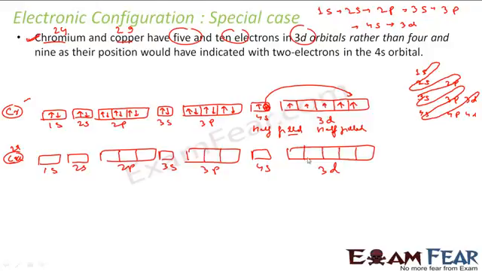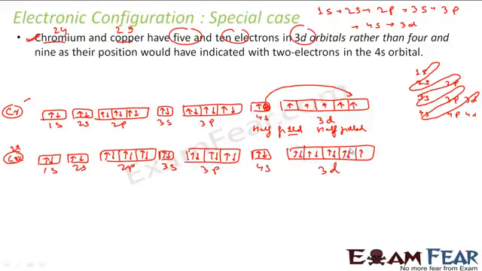So for copper, 29: 1 comes here, 2, 3, 4, 5, 6, 7, pairing starts, 8, 9, 10, 11, pairing 12, 13, 14, 15, again pairing starts, 16, 17, 18, 19, 20, 21, 22, 23, 24, 25, 26, 27, 28, 29.